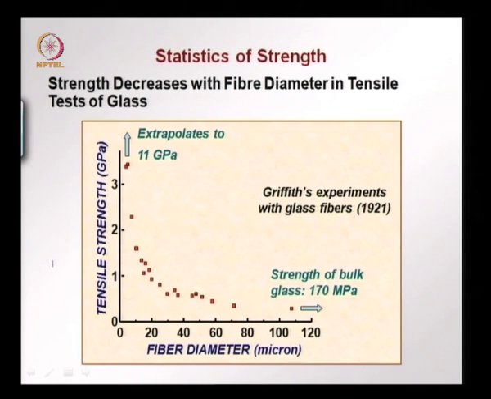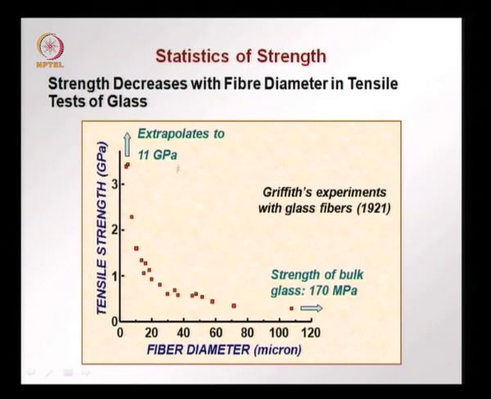This was shown in extensive tests by Griffith in the 1920s, and these results are from tests of glass fibers. Instead of different lengths, what he did is different diameters, and what he found was, as the glass diameter decreased, when we went to very thin glass fibers, the flaws were eliminated and therefore the strength went up.